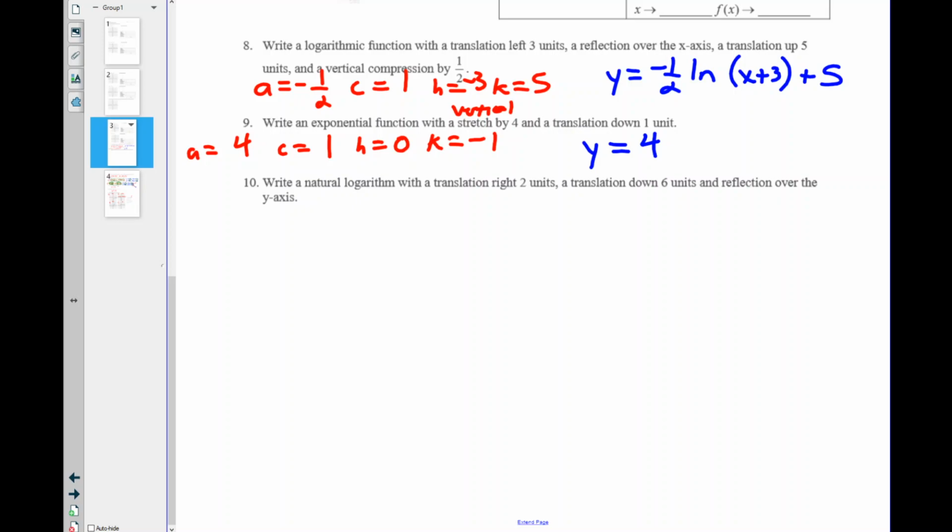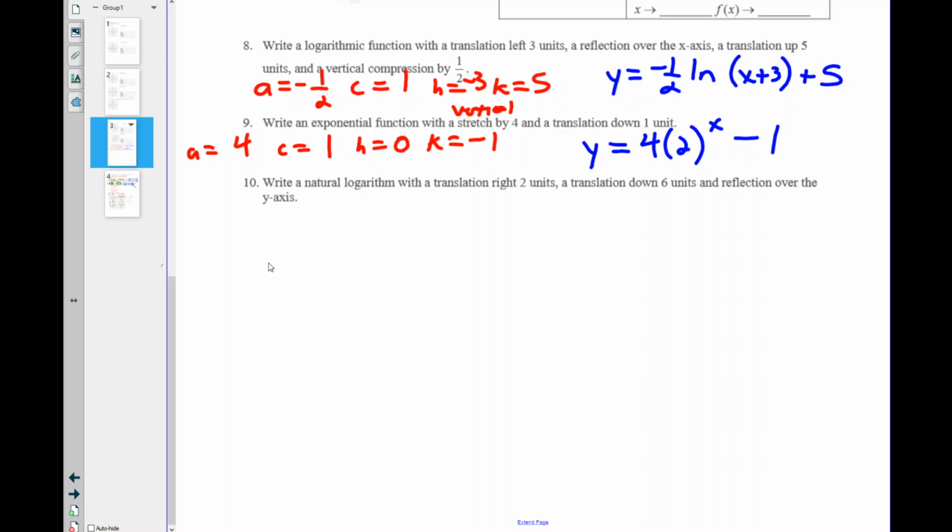The base could be anything. It could be a growth, a decay, could be E even. Let's just do a base of 2. And then there's nothing horizontal, so x. So there is some variety as to what it could look like if they don't tell you the base.